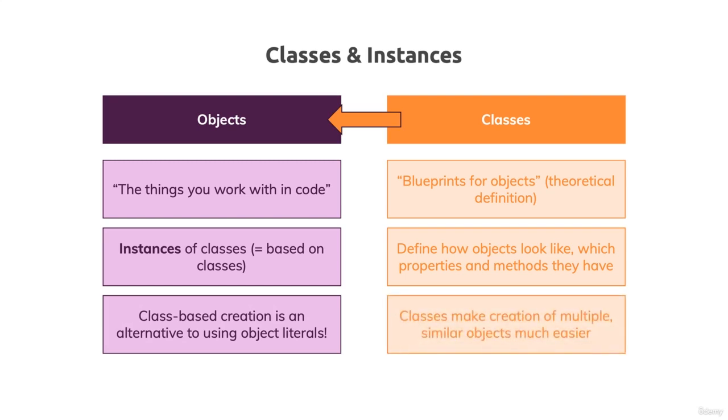They simply make it easier, classes simply make it easier to create multiple objects which generally have the same structure and the same methods, and which might only differ in the exact data details which are stored in there. Let's say we have multiple persons we want to represent with objects. Well, each person might have a name and an age, the values will differ, the general structure is the same. So that's the theory. Let's see it in practice.